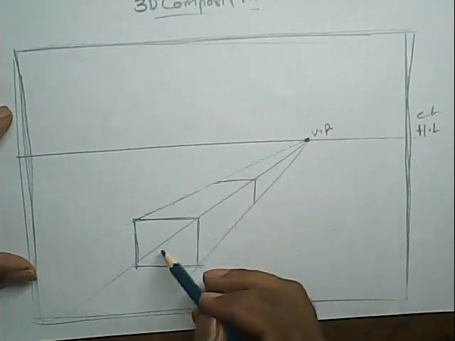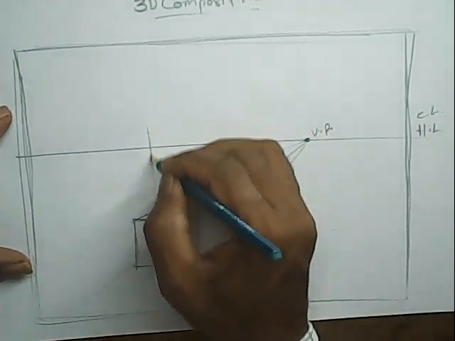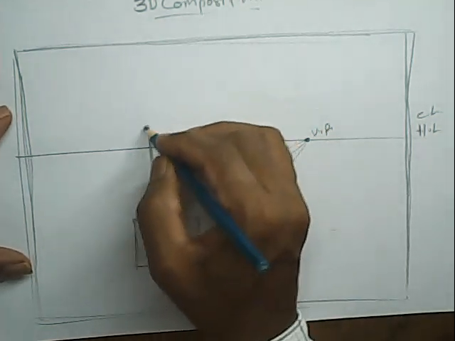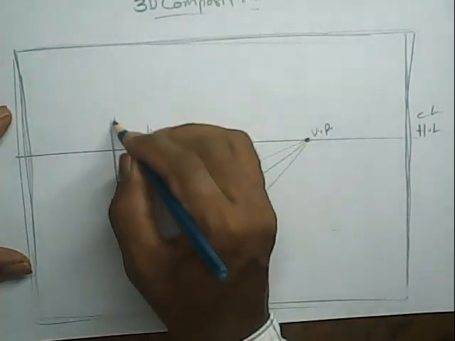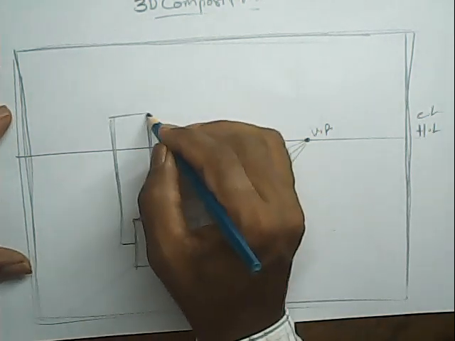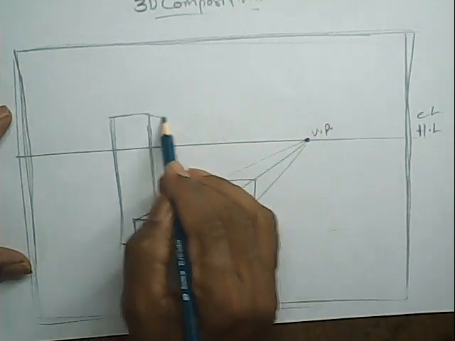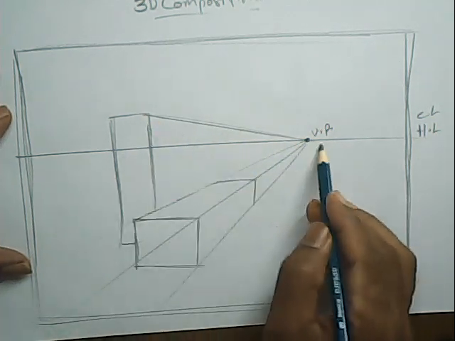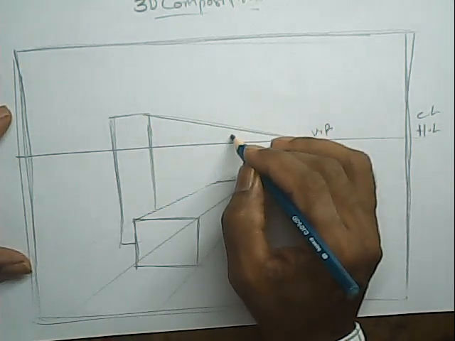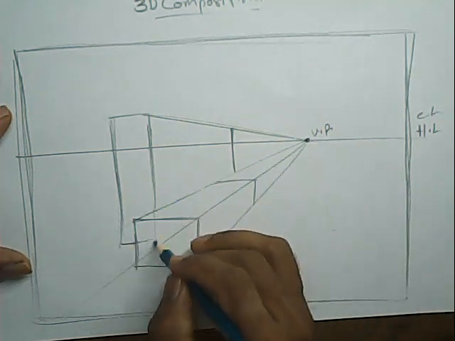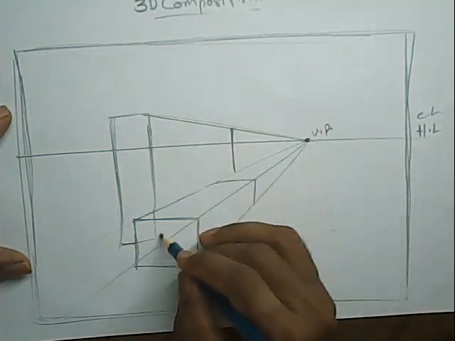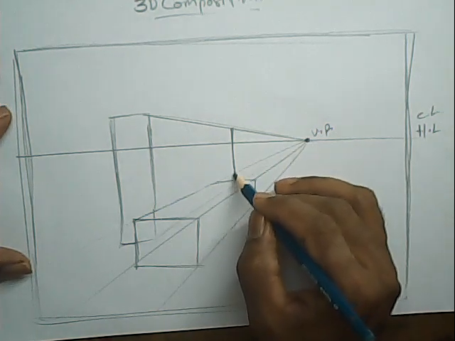The cuboid is done. Next I'm taking one more behind this, with a rectangle, and connecting it to the vanishing point. Where I want it to end, I close it, and then the 3D, transparent form comes out this way.